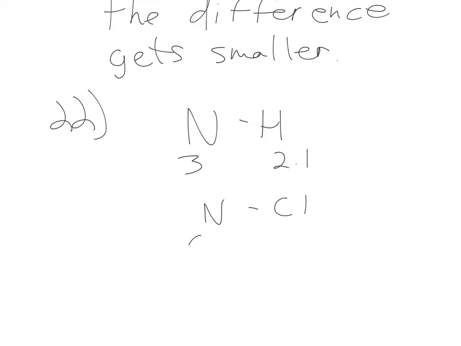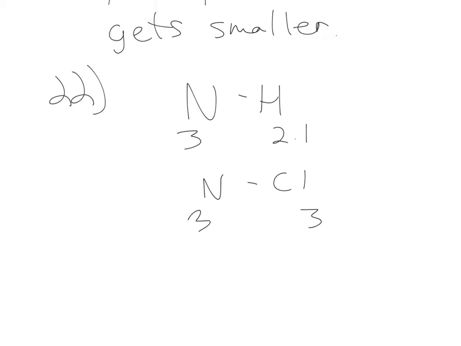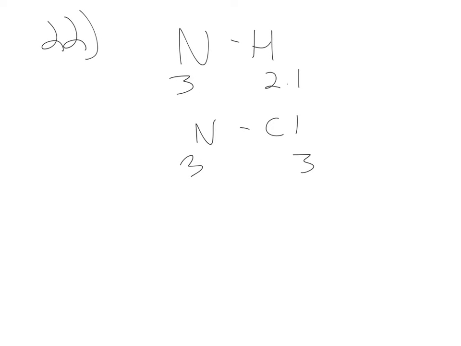Nitrogen, again, is always going to be 3. Chlorine is also 3. Huh. And lastly, we have nitrogen and fluorine. Nitrogen is 3. Fluorine is 4.